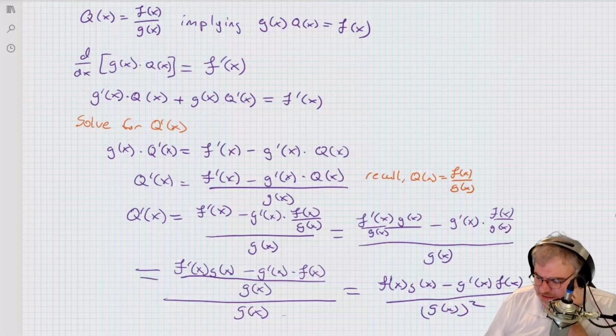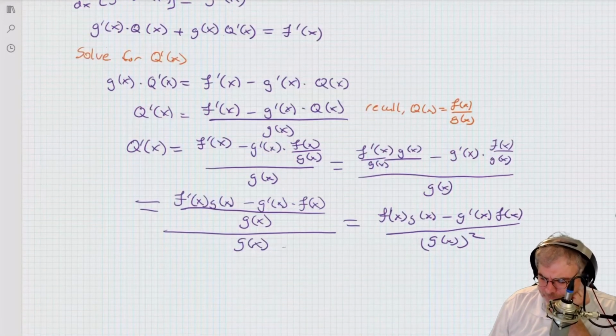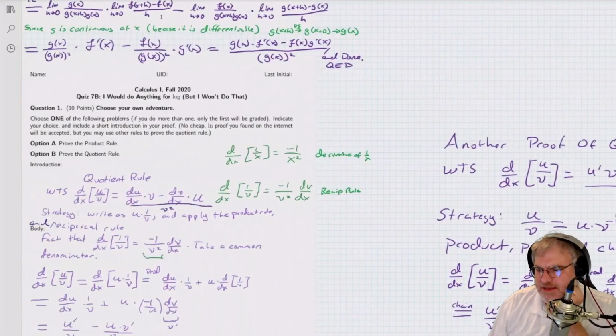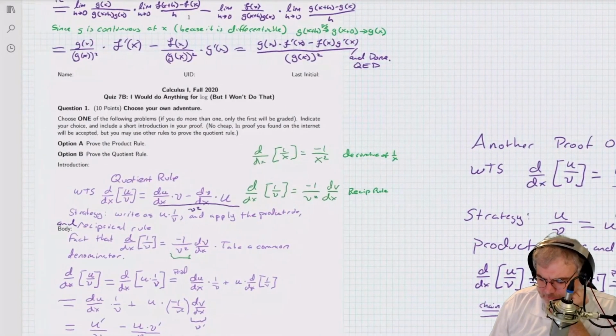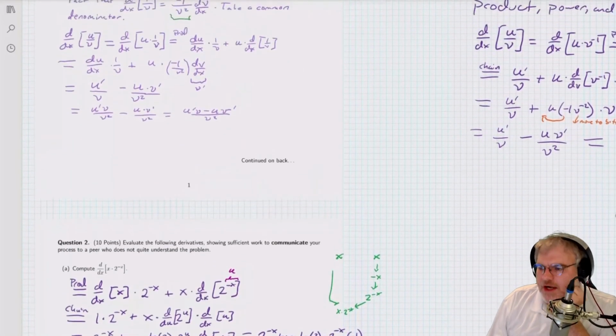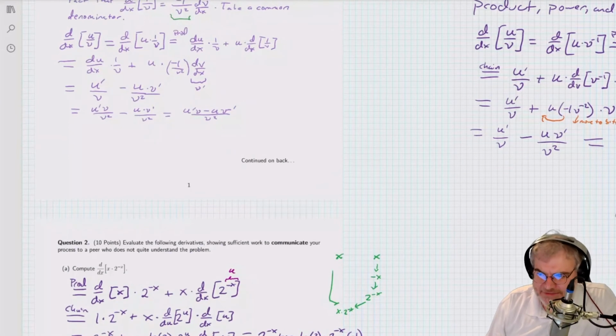It's less clean because I used G and F instead of U and V. If I had used U and V, it would have been a little bit better. I might want to do that as another way to do it. I don't want to take time now, but maybe I'll post a video about that. Maybe. The point is that there are lots of ways to do this.